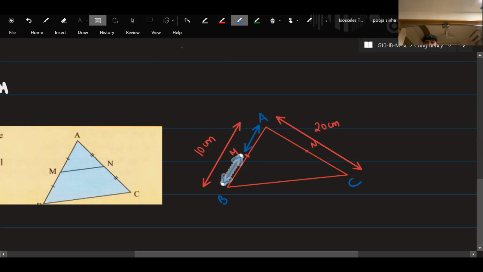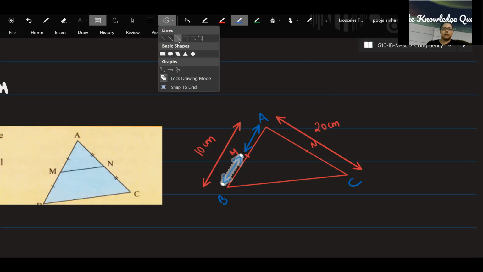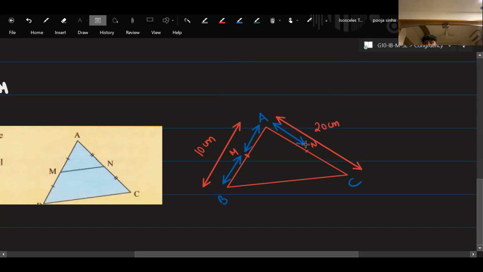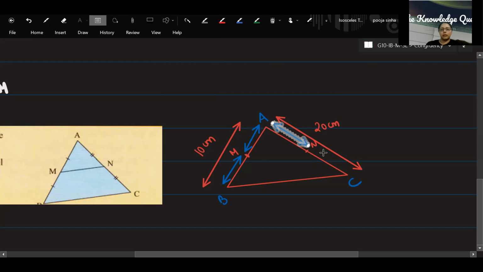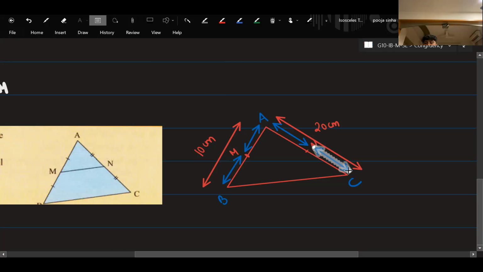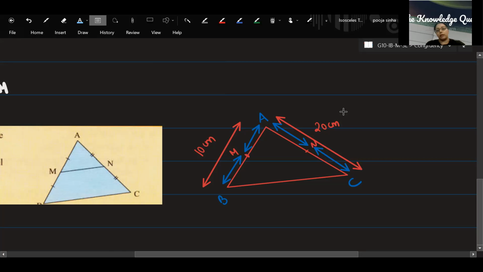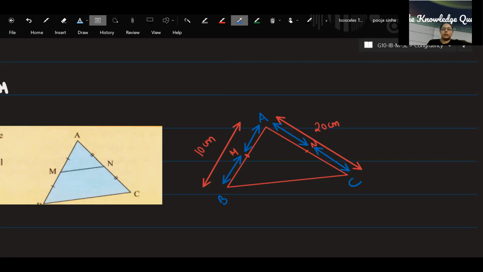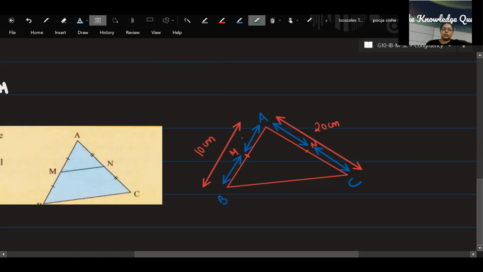And similarly, what about these two parts? It'll have to be the same, so it'll be 5 and 5. No, look at the side. I'm talking about the midpoint of that side. So if this side is 5 and this is 5, how much should this be?